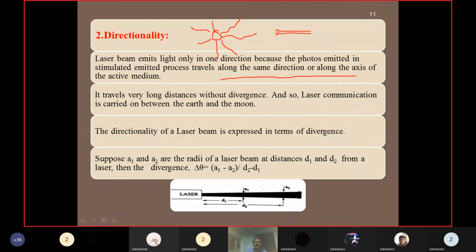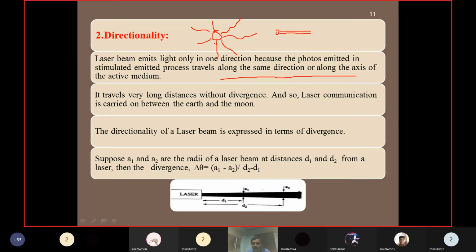In the laser topic we will discuss the active medium. The beam travels a very long distance without divergence, that is, without spreading of light. That is why laser communication is carried on between the earth and moon.